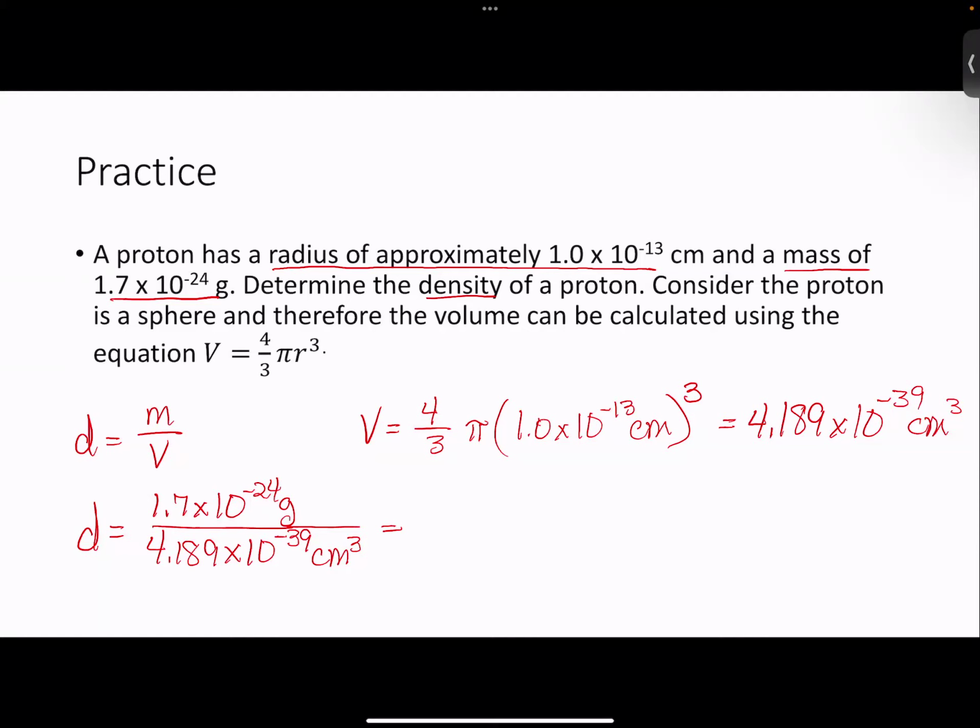And you get a density of 4.058 times 10 to the 14 grams per centimeter cubed. We would record this as 2 sig figs, so 4.1 times 10 to the 14 grams per centimeter cubed.